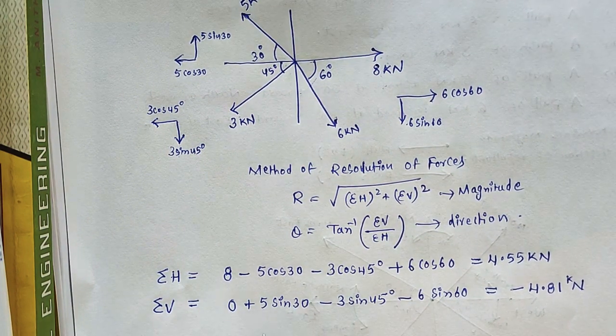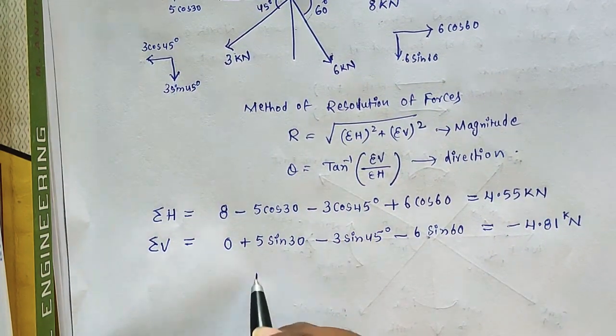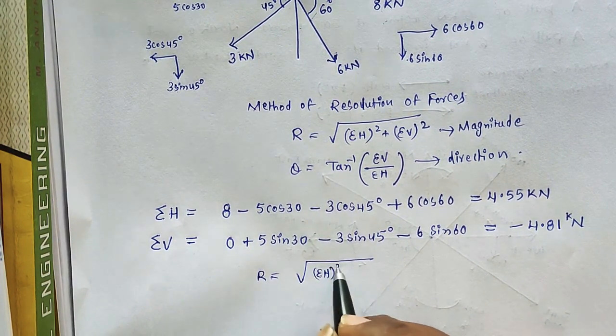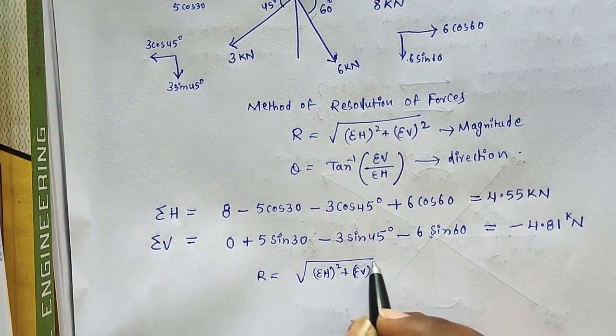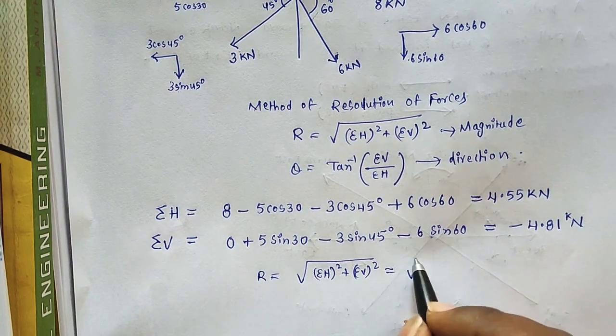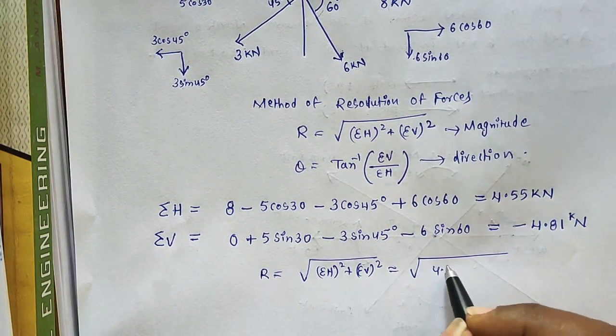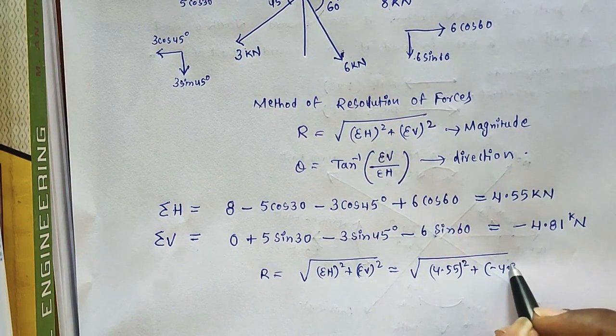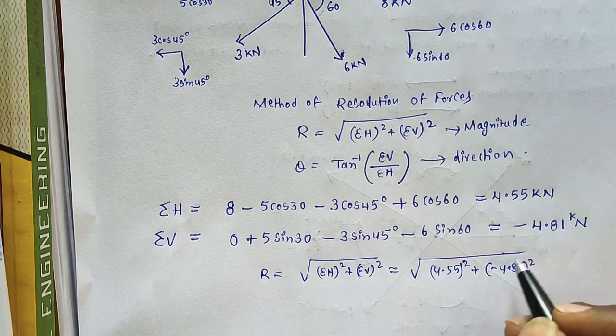So finally, the magnitude of the resultant R will be equal to the square root of sigma h squared plus sigma v squared. So the square root of 4.55 squared plus minus 4.81 squared.